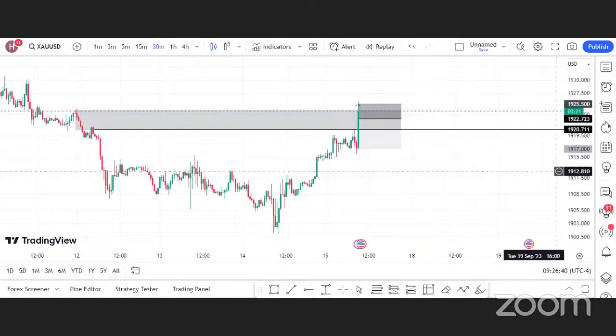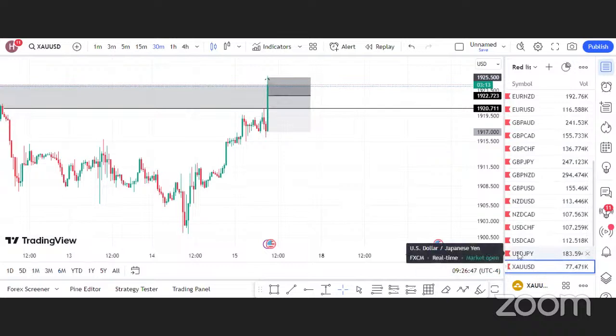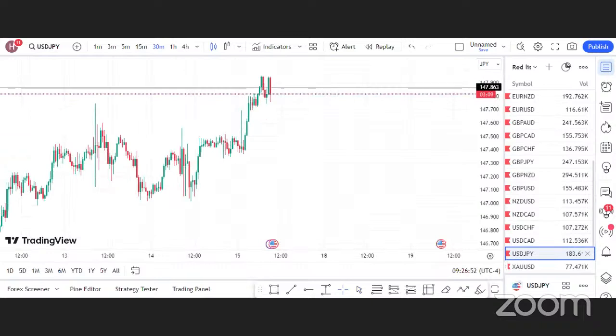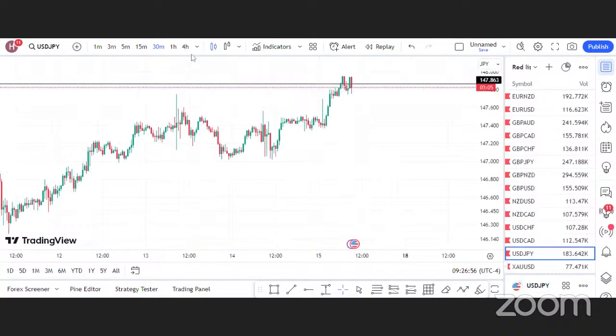Since the gold pair is misbehaving right now and we are not getting an opportunity, let's look for another entry.